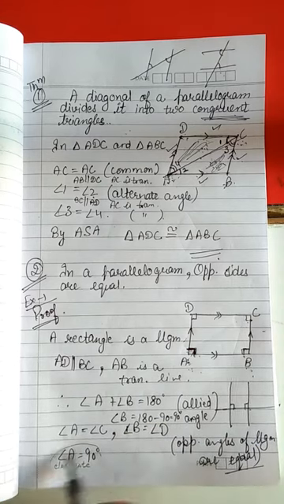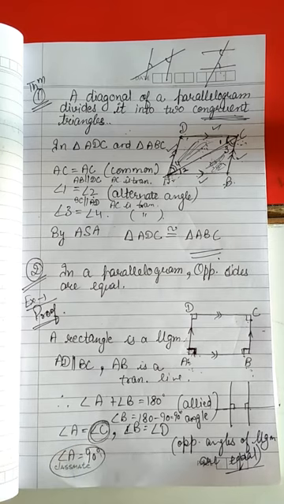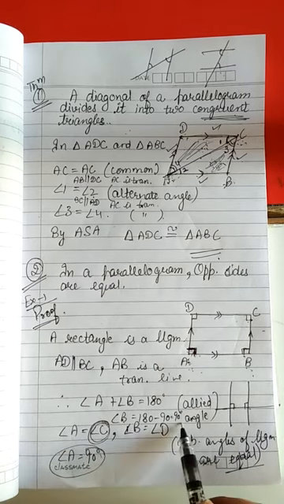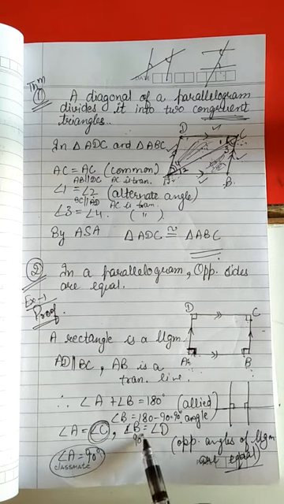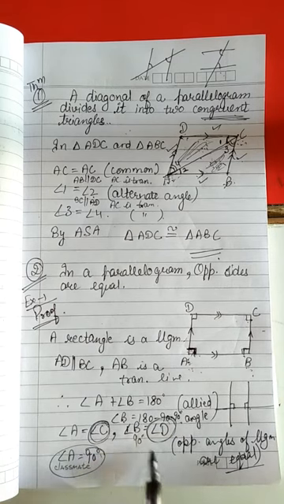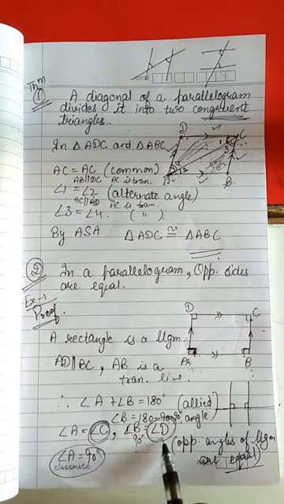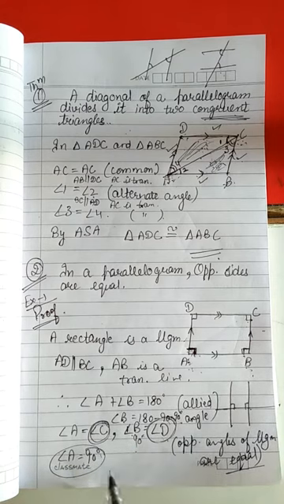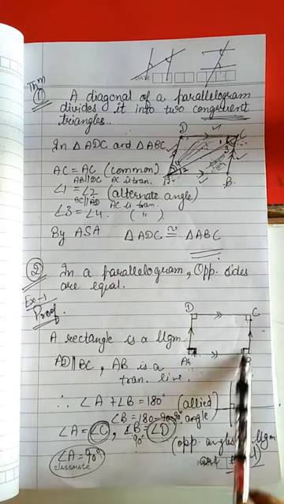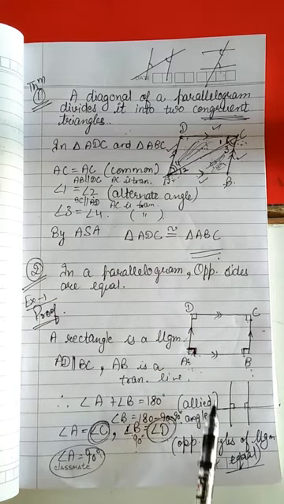If angle A is 90 then angle C is also 90 because angle C is equal to angle A, and if angle B is 90 then angle D is also 90 because angle B and angle D are equal. So all angles of a rectangle are equal to 90 degree. In this way we can prove the theorem.